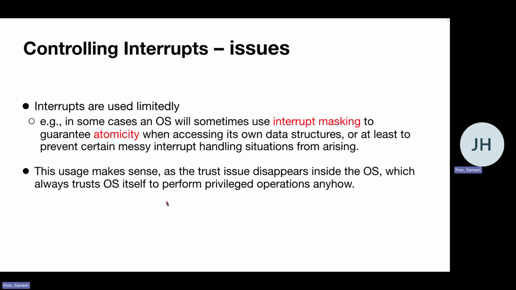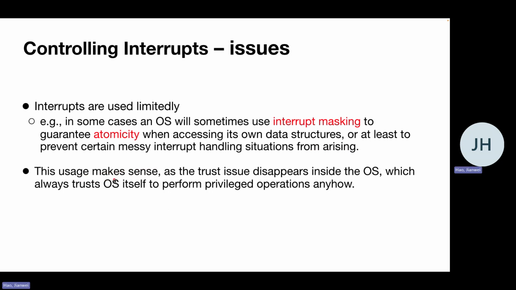And interrupts are used in a limited way. For example, in some cases the operating system can use interrupt masking to guarantee atomicity when accessing its own data structures. That means we need to prevent the operating system from being blocked by other threads.